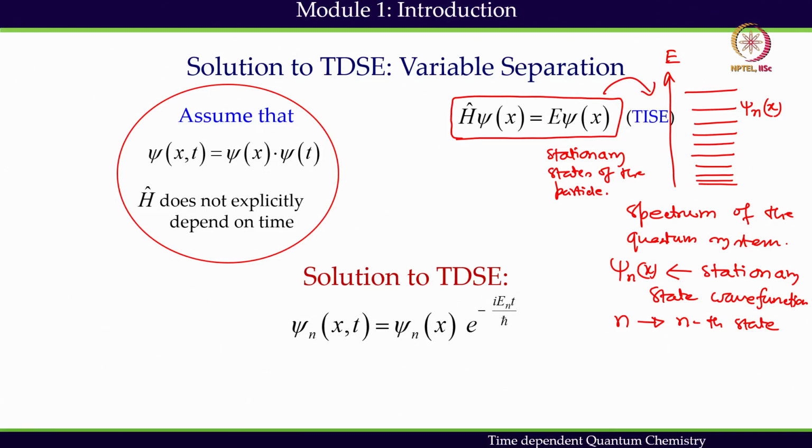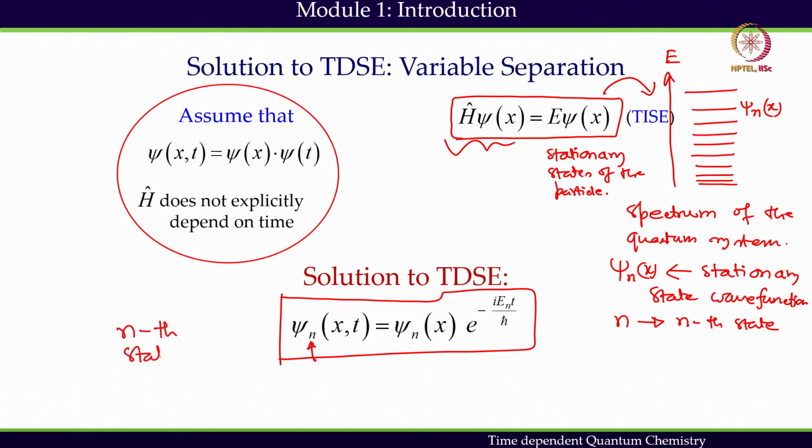And because the time independent Schrodinger equation gives a number of states, the final solution to TDSE can also be denoted with respect to its own state. So if the particle is staying at the nth state, then its time dependent wave function is given by this equation, where, as I have told you, this is the stationary state where the particle is.